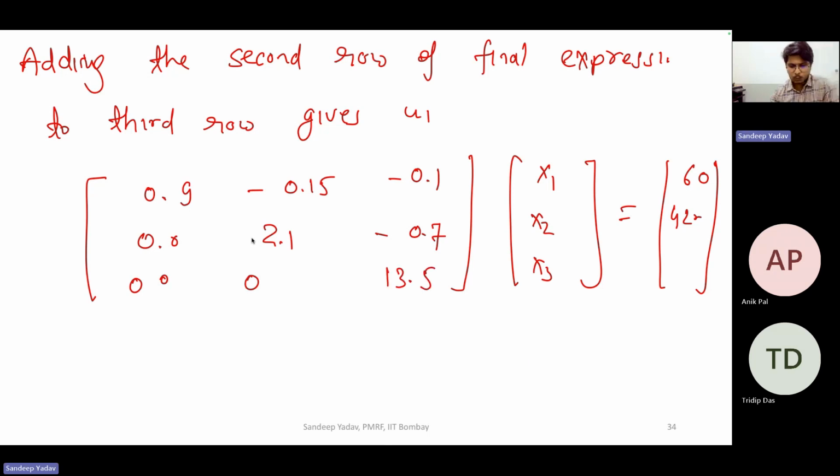So what is the thing that we made here? Can anyone of you guess? We have made a triangular matrix here. If you can see, we have made a triangular matrix.